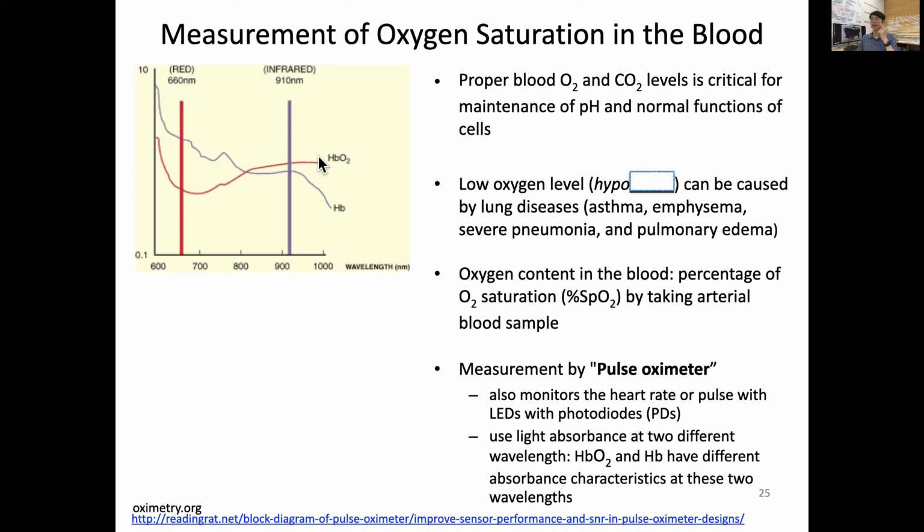Interestingly, oxyhemoglobin and deoxyhemoglobin have quite different absorption. Oxyhemoglobin has much lower absorption in the 600 to 700 range, which is red color. What that means is red color, when it hits this hemoglobin, will reflect more. That's why in our eye, it looks bright red.